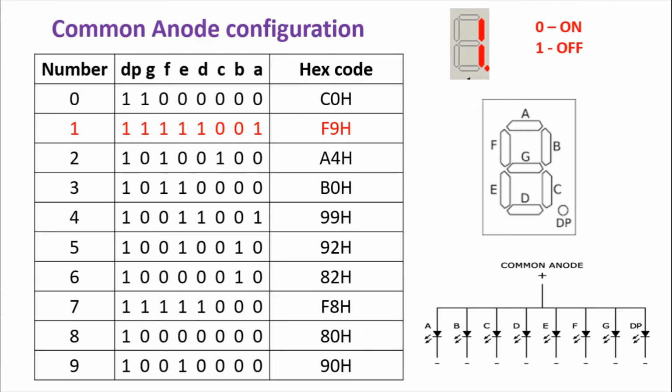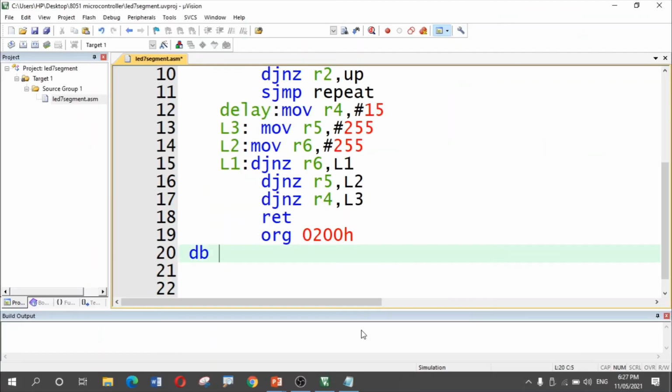Now, which are those values? We have calculated those values here. So those 10 values correspond to the 10 numbers which are to be displayed on the LED 7 segment display. These 10 hex codes will be stored in the memory which starts from 200. The first code is C0, but while writing it, write 0C0H because this C is an alphabet. So we should always put 0 before the alphabet if it appears at the tens place.